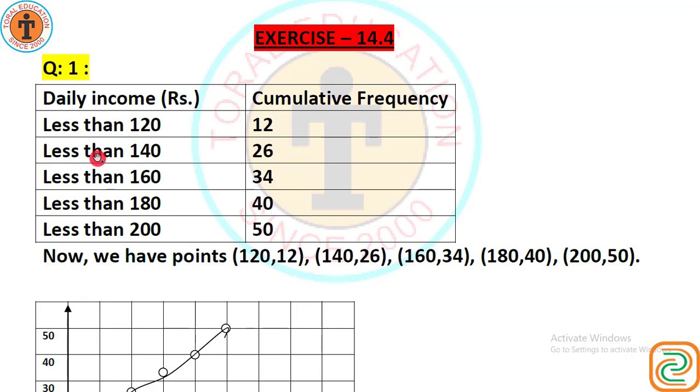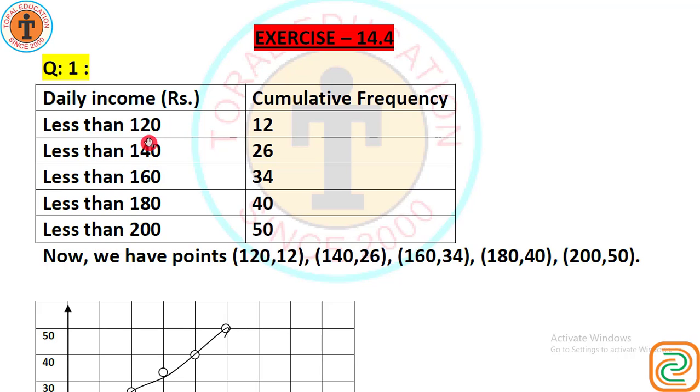The table is given: 100 to 120, number of workers 12; 120 to 140, workers 14; 140 to 160, workers 8; 160 to 180, workers 6; and 180 to 200, workers 10. Now friends, we will have to prepare this kind of table.